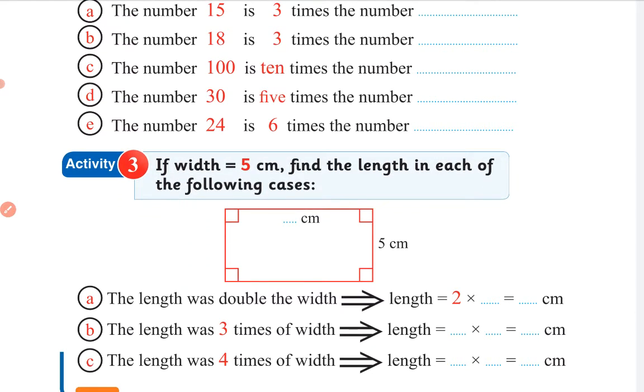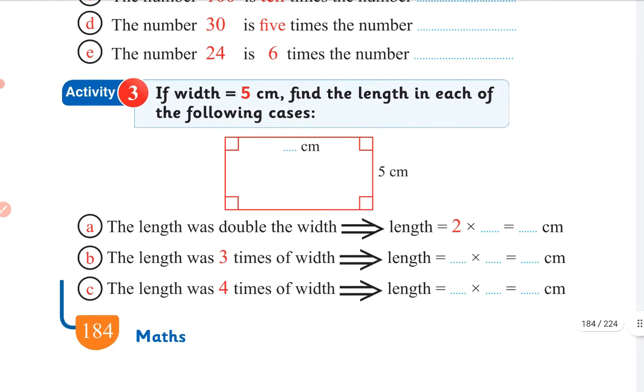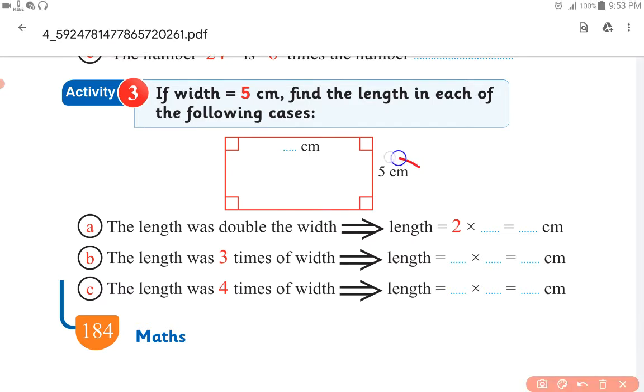هنا بيقول لي if the width of a rectangle equal 5 centimeter find the length in each of the following cases. هو مديني الويدث equal ايه؟ equal 5. بيقول لي the length was double the width. Double means 2 times the number. يبقى 2 times 5 it will be 10 centimeter.